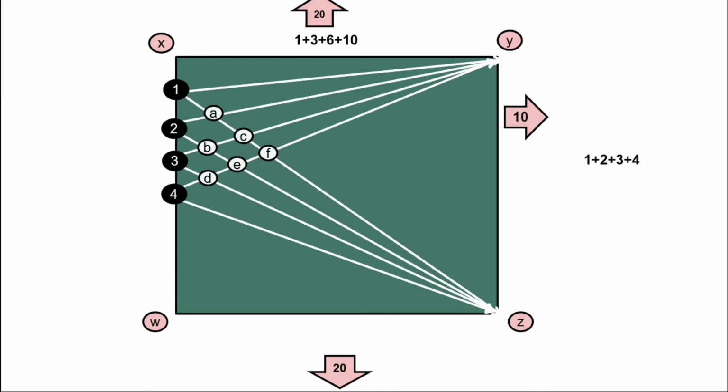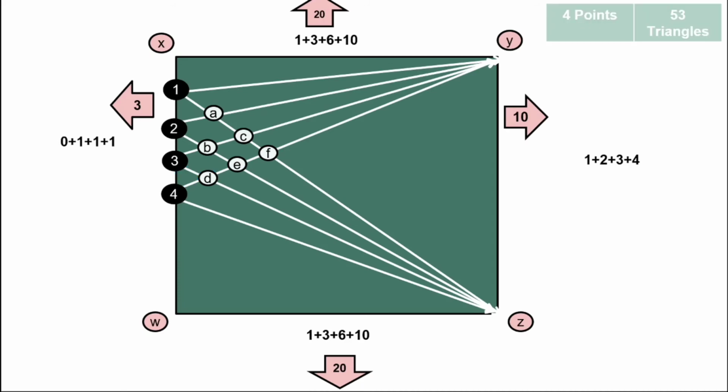On the bottom, the same as the top, an additional 10. On the left side, we have an additional 1 triangle, which is 34D. So with 4 points, we have 53 triangles formed.